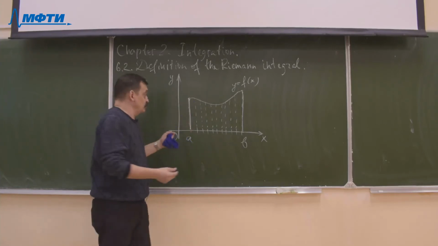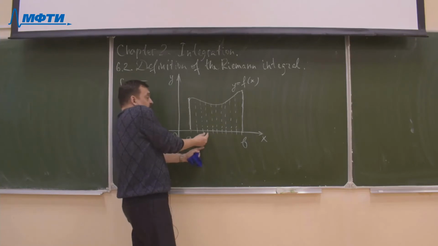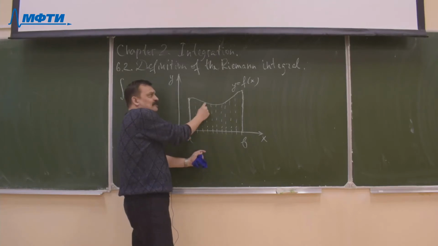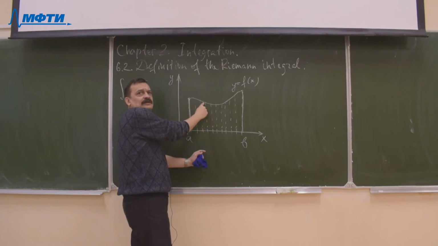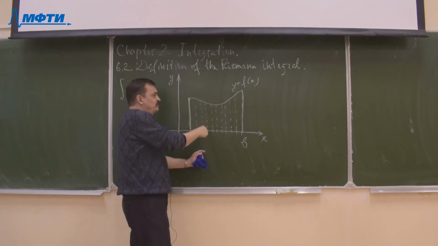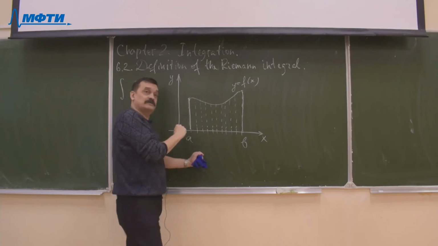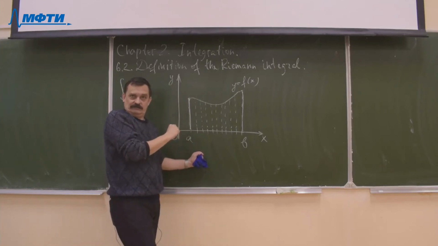And the idea was, okay, if this is very thin, then we can forget about this slope and so on. We can think about the top of this figure as a horizontal line. But the next question: which horizontal line?